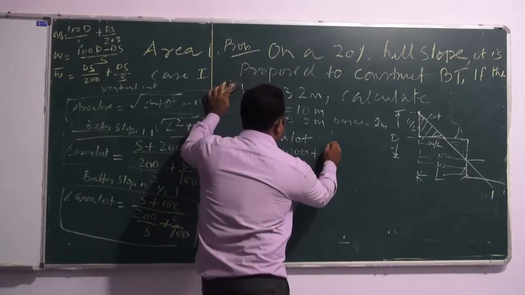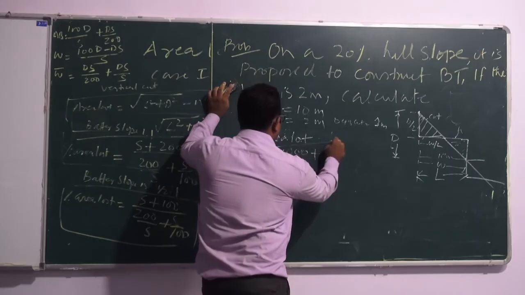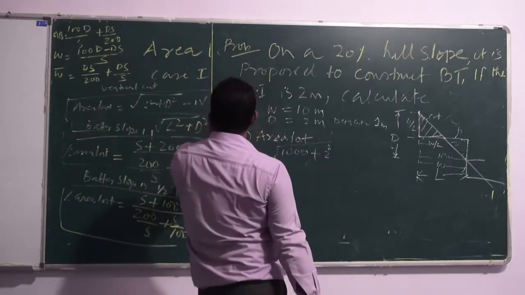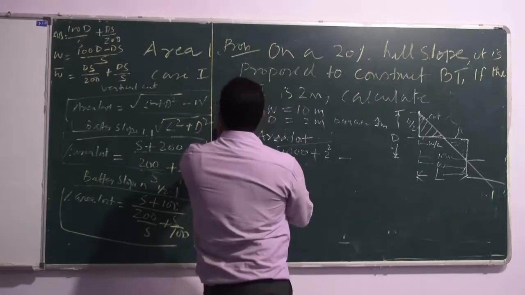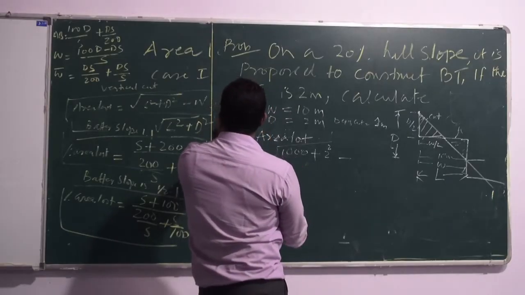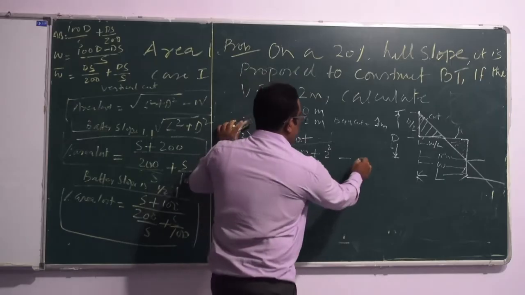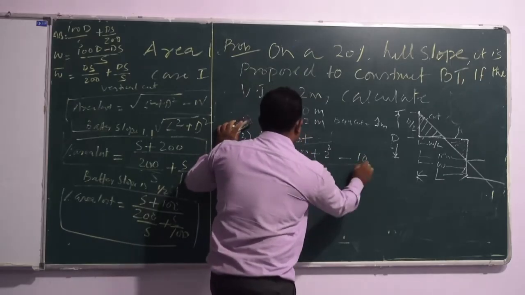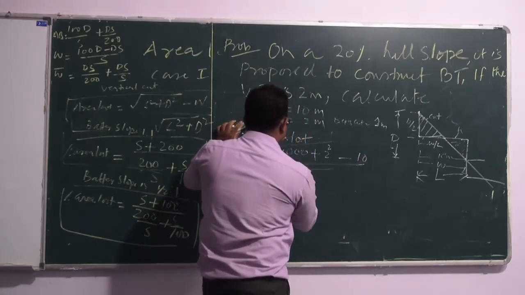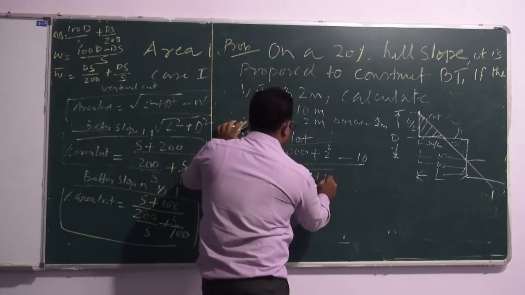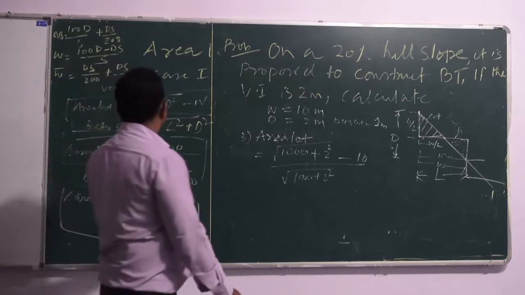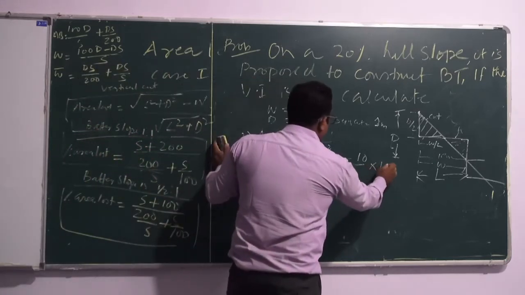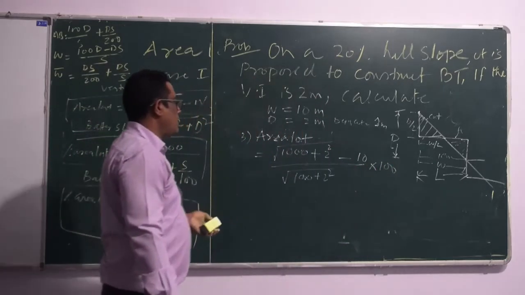D is 2, minus W. W is 10. Divided by the same, into 100.